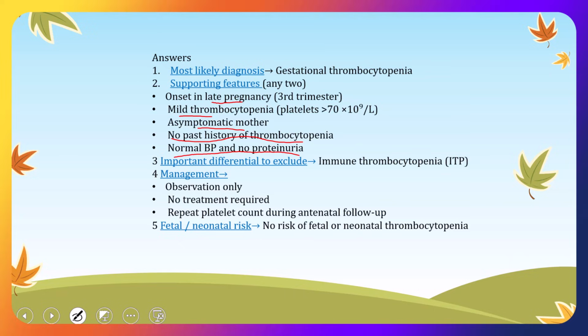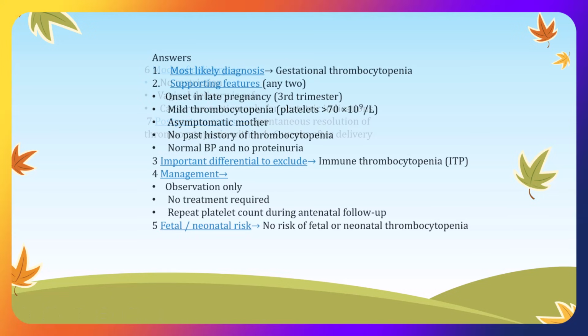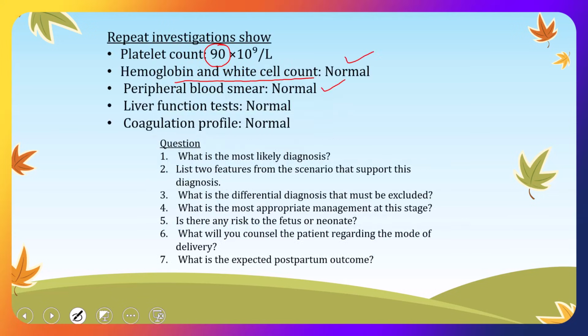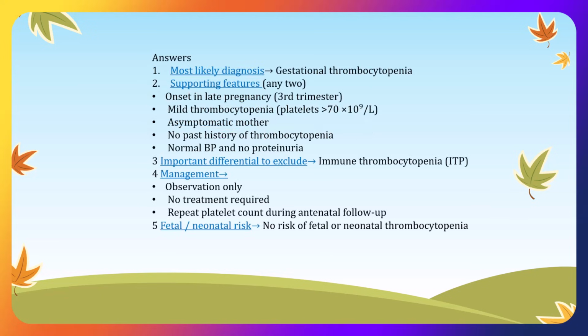Any two you can list, or you can even remember the mnemonic LATE MOMS. Now the other question you can be asked is, what is the differential diagnosis that must be excluded? As I just mentioned, I even gave you a tabulated comparison of GT with ITP.